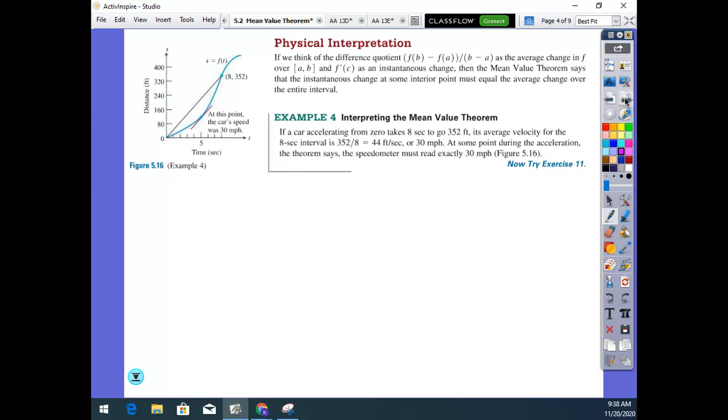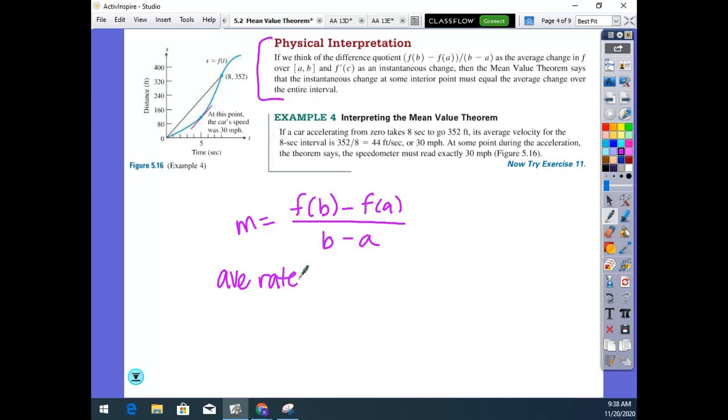So the physical interpretation, let's just read through this. If we think of the difference quotient, I don't like when they write it this way. We know this is how we find the slope. We also can call this the average rate of change, right?